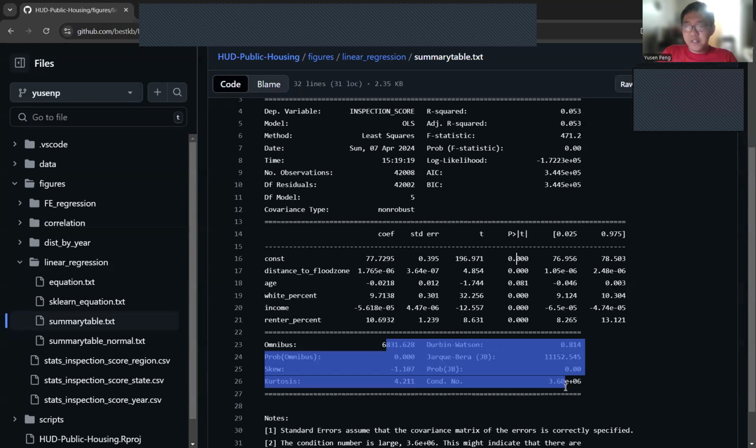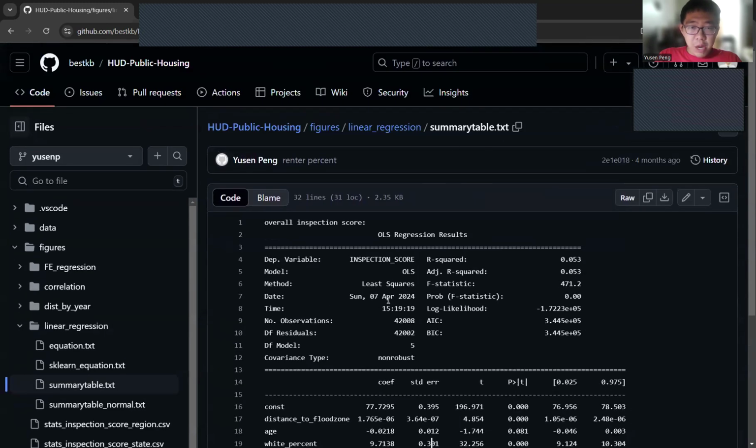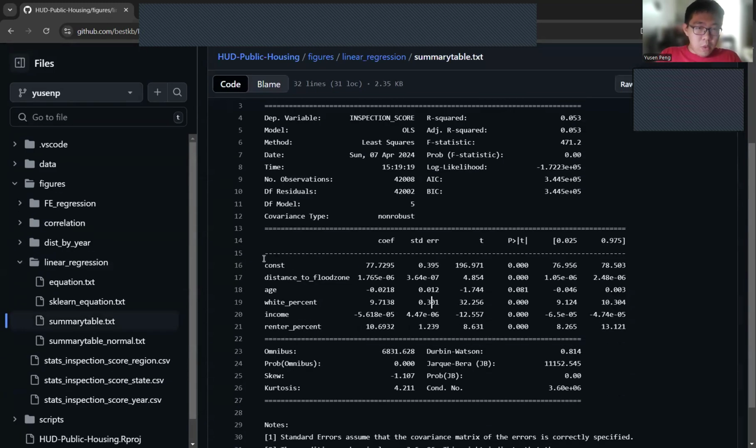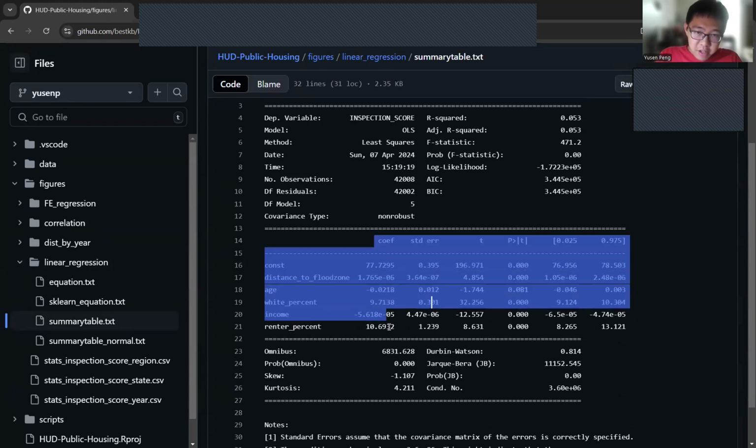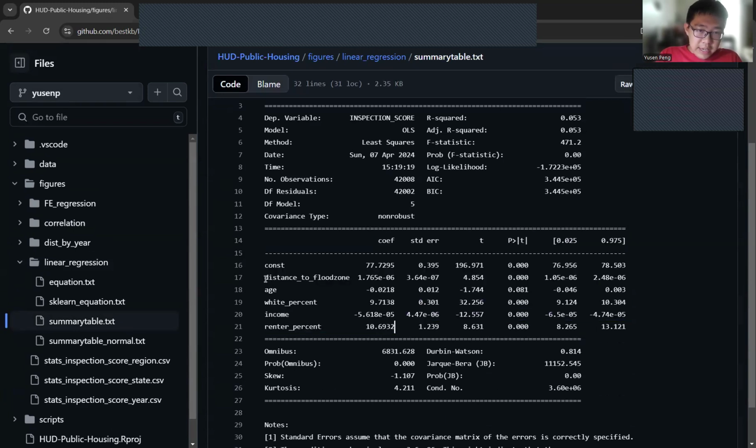It gives a lot of things, and I personally understand maybe 40% of this output. But if you look into this summary table, we can read the constant and the coefficients. As we can see, distance to flood zone is a slight positive correlation. Age is negative: the younger you are, the higher the inspection score is. White percent is also a positive correlation.